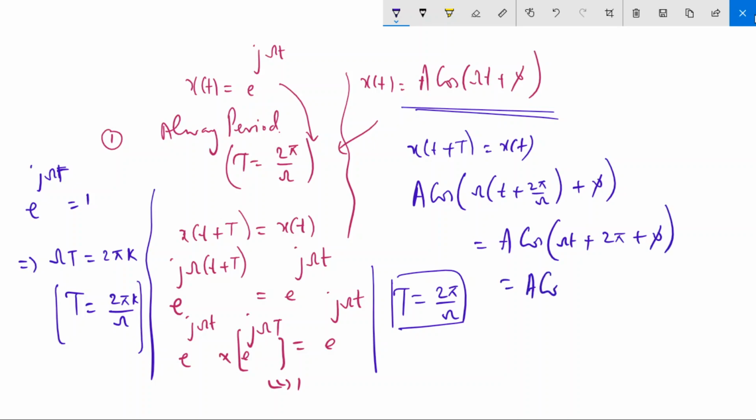You will again get a cos of omega t plus phi, because cos of 2 pi plus theta is nothing but cos theta. Okay, so both these signals are periodic with a time period that is 2 pi by omega. And if you write omega in terms of f, 2 pi f, it is 1 by f. So either you can use 2 pi by omega or you can use 1 by f to find the time period of the signal.